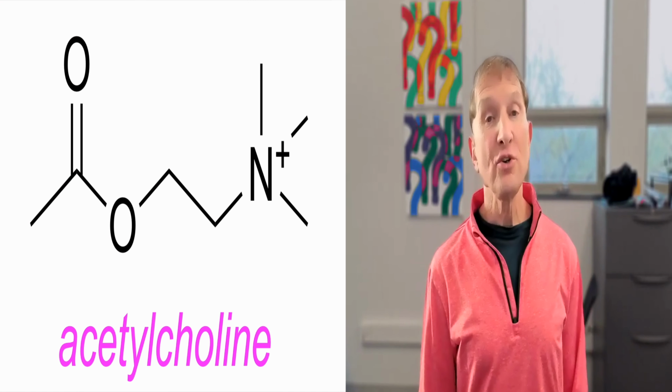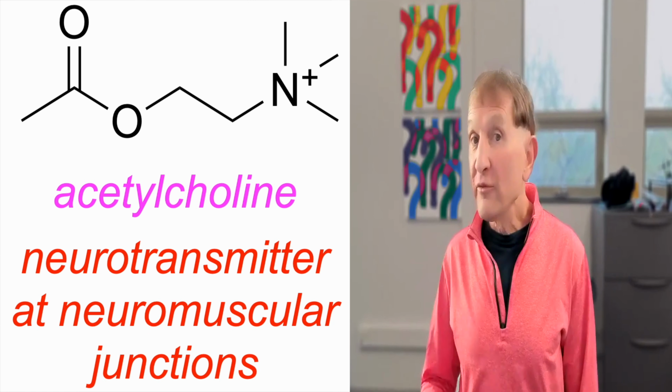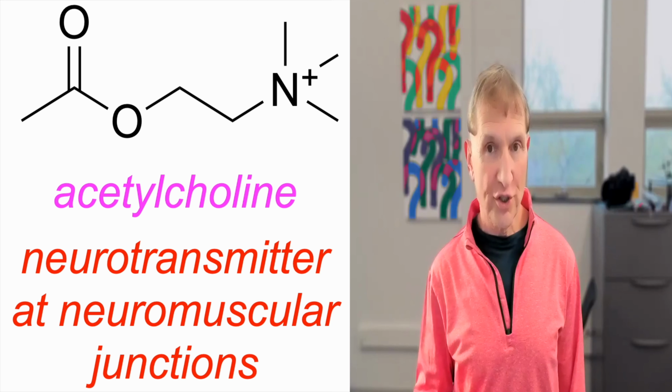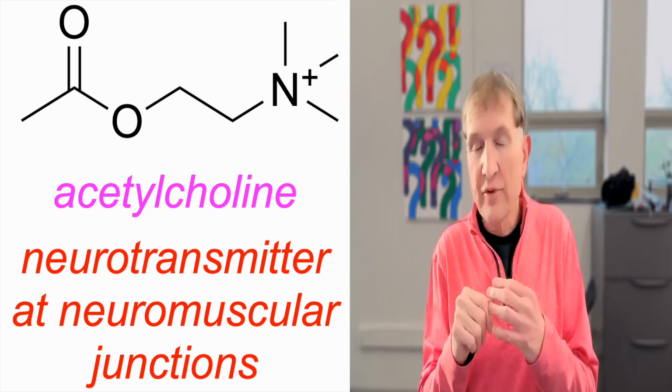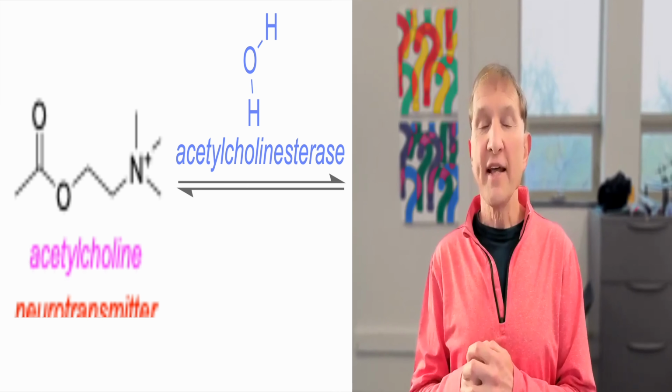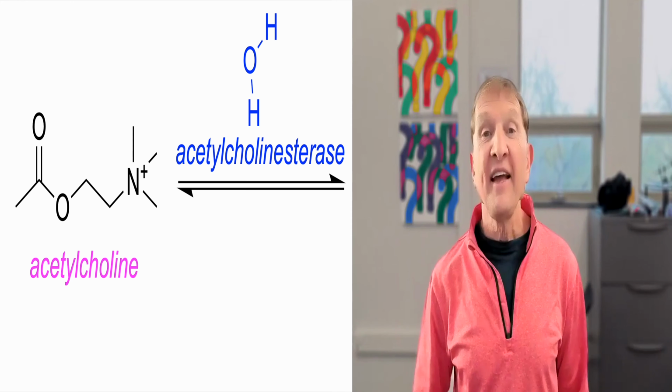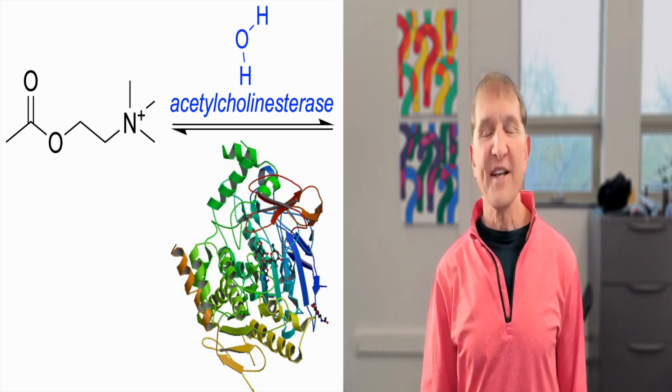Acetylcholine is a neurotransmitter. It's found, for instance, at the muscle-nerve junction, and it has to be removed. And the enzyme that does that is acetylcholine esterase. Here is acetylcholine esterase.